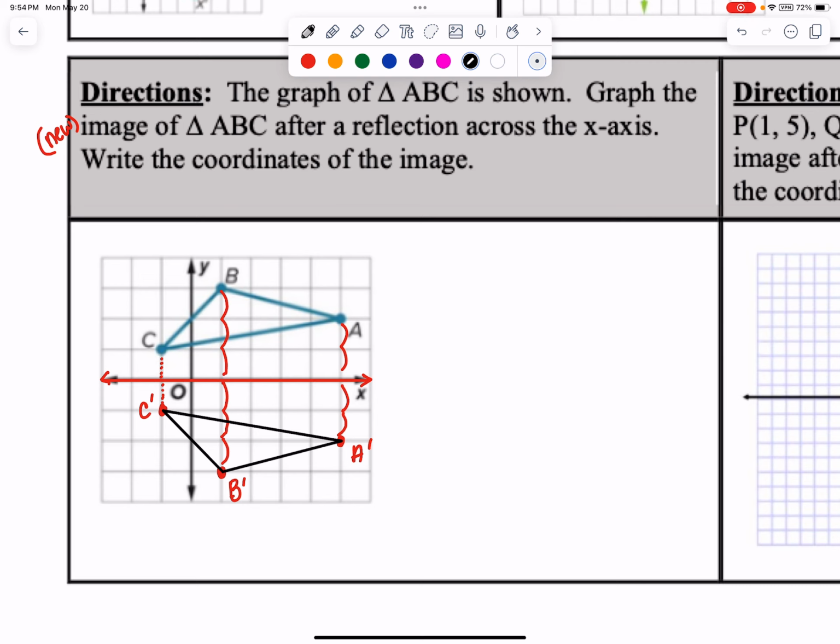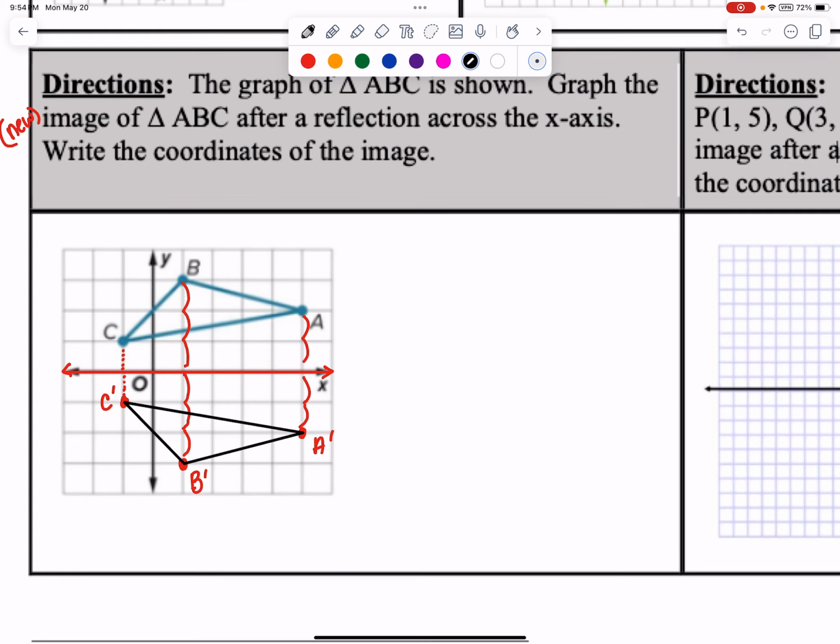Okay. Now, it says write the coordinates of the new image. So on the side here, we need to write those new coordinates. I actually want you to see what's happening between pre-image and new image. So let's write C and its ordered pair. C is -1 and +1, x and y.